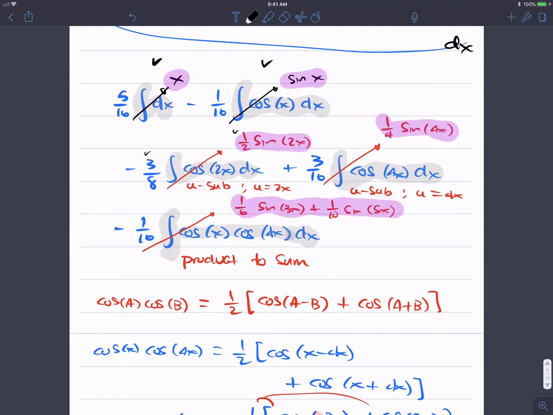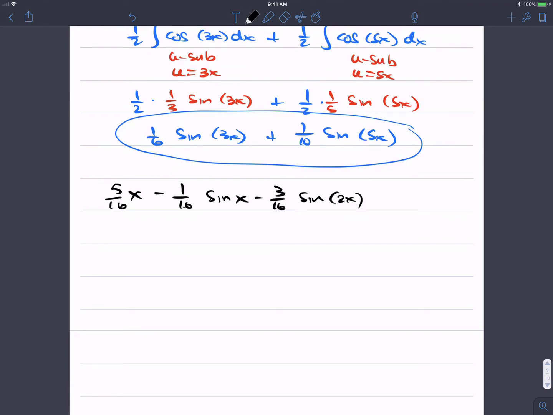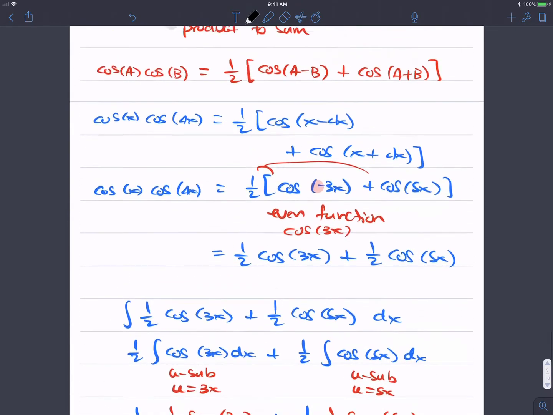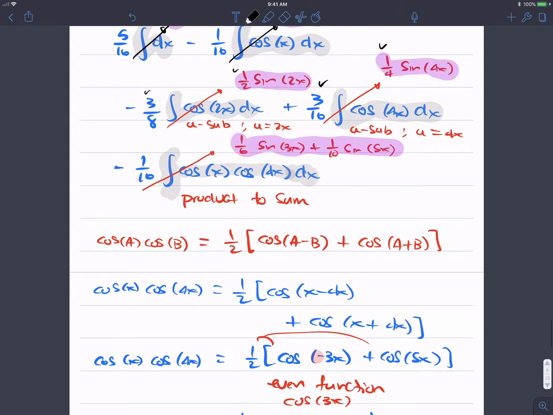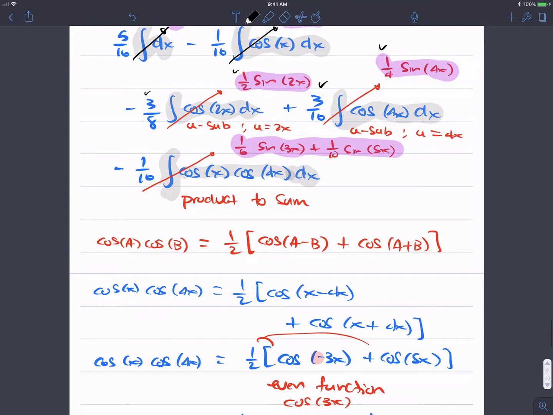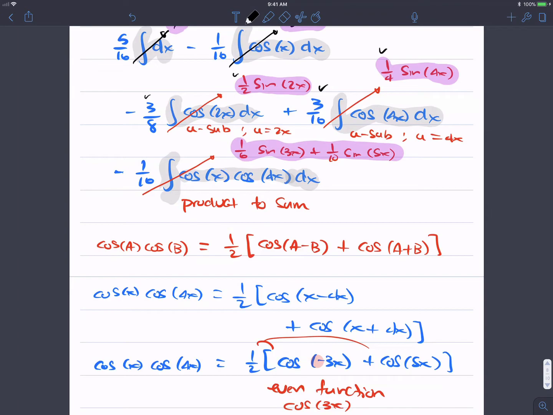So let's pay attention to these constants. Plus 3/16 times 1/4 gives you 3/64. That'll be sine of 4x now. And let's be careful here. We have the minus 1/16 times 1/6.